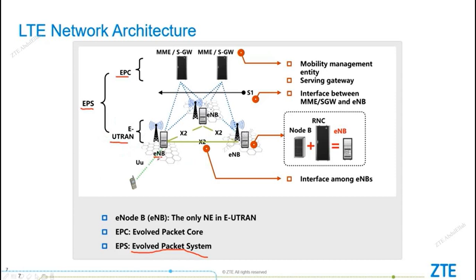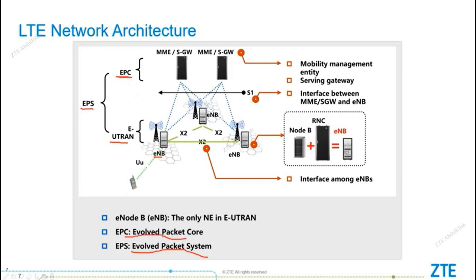But this eNodeB function is just like NodeB plus RNC function together, because in the LTE wireless part we removed the RNC. Okay, and the core network we name EPC. EPC means Evolved Packet Core.